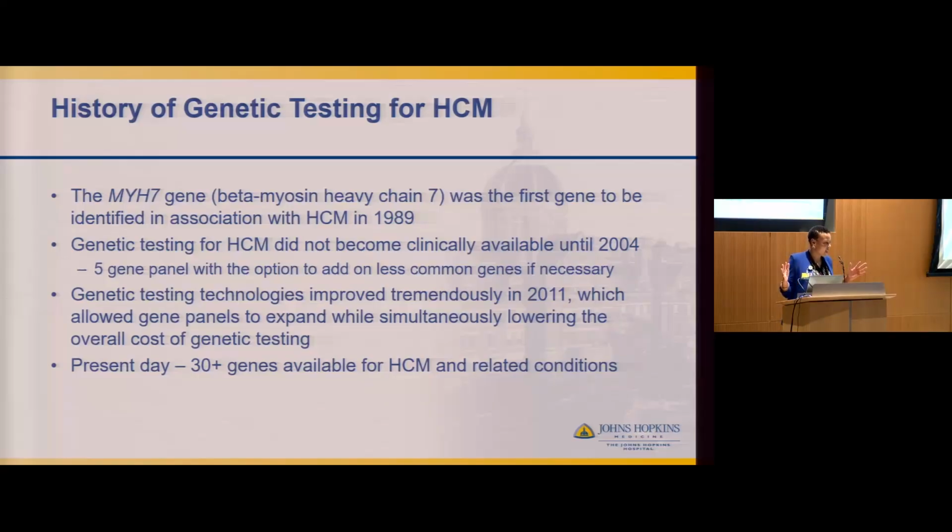It's not always cheap, but we can usually get clearance from insurance, and it's not $20,000 like it used to be. And then present day, there are 30 plus genes that are available for HCM and related conditions. They're not all going to be HCM, but they may present very similarly to HCM. So instead of just doing 5 genes or just 1 gene, we're actually going to do a larger panel.